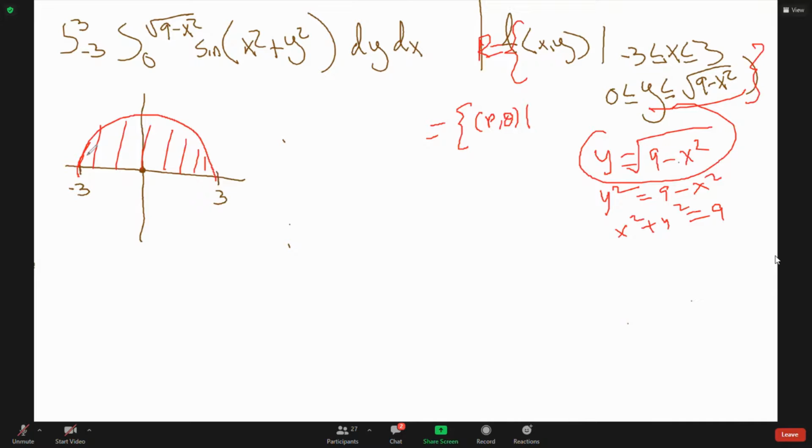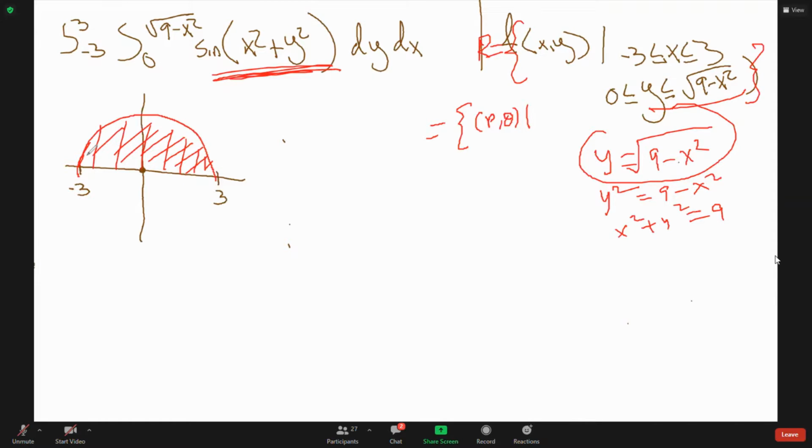For that, that's where you start using x equals r cosine theta, right? I'm just talking about the region here. So what would that be in polar coordinates?